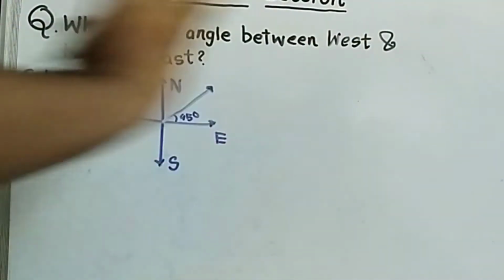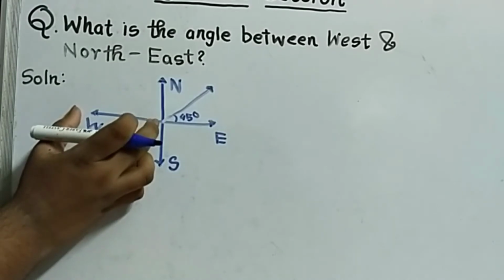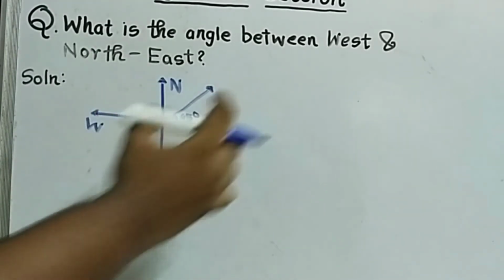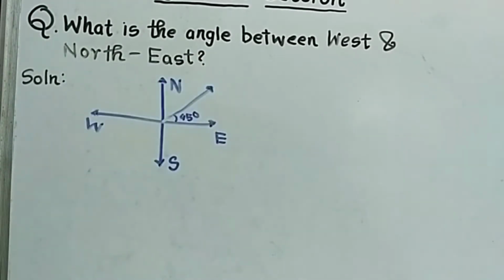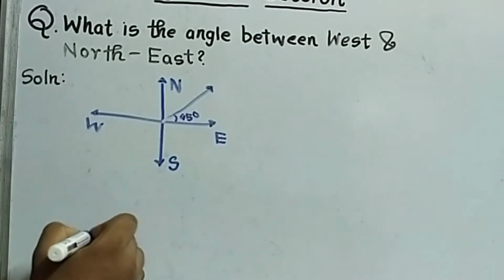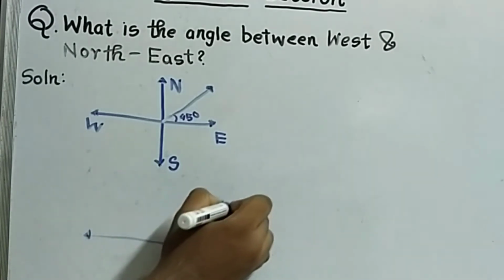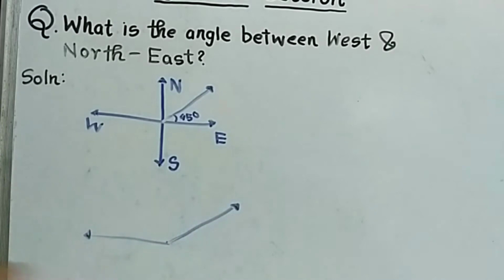So here we have to find the angle between west and northeast. This is one ray of west and this is one ray of northeast. So let us take these two rays separately. This is our west and this is our northeast.